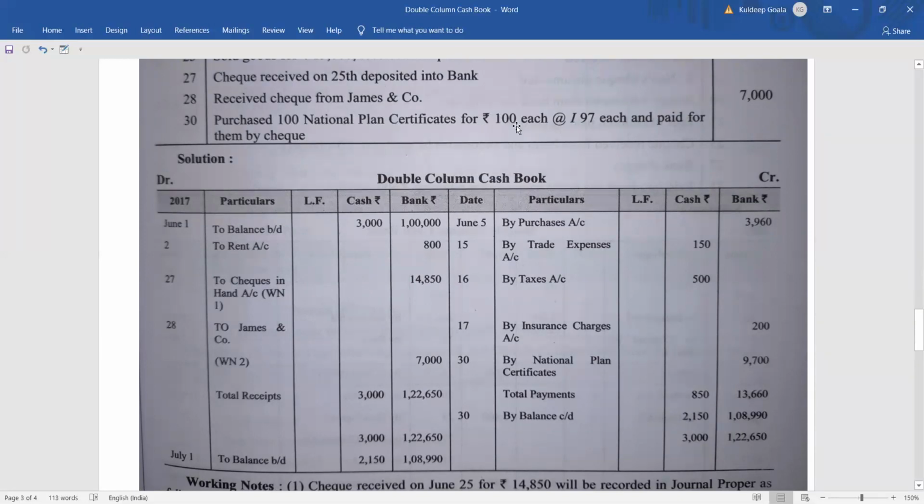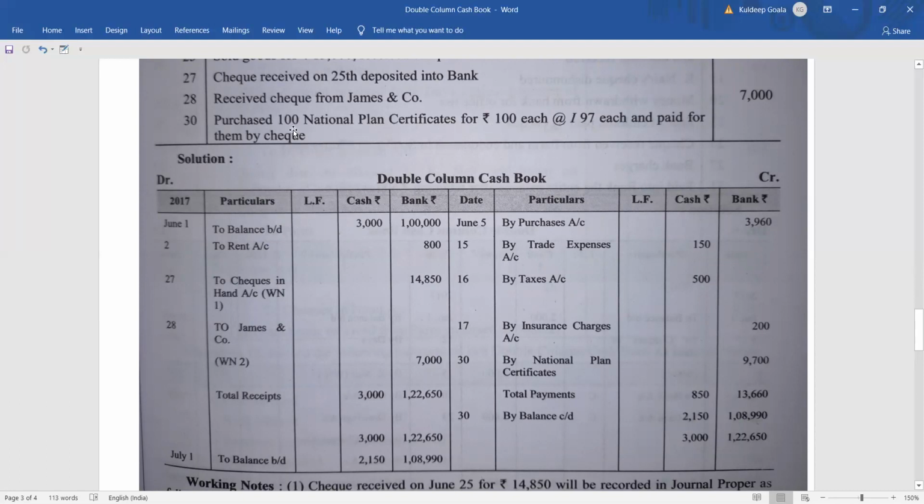And what was the price? 100 each. Okay, at the rate of rupees 97 each, and paid by check. See, try to understand here. Although you have purchased 100 national plan certificates for 100 each, the purchase price was 97. Remember that it was 97 rupees. This is rupees. Okay, it's a printing mistake. This is rupees.